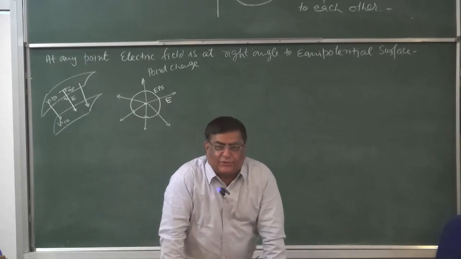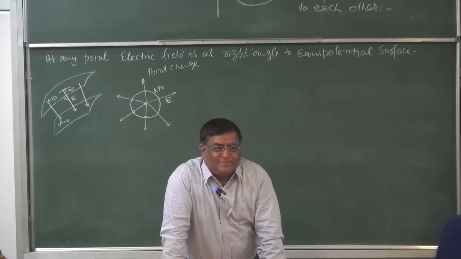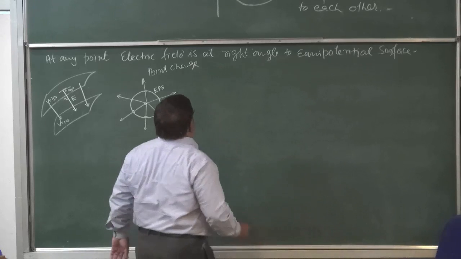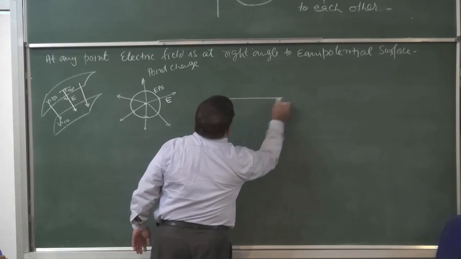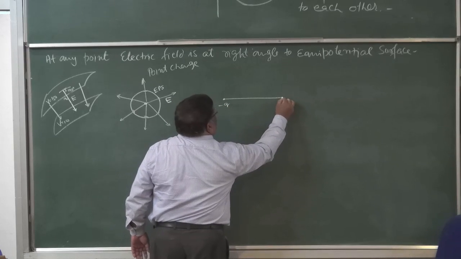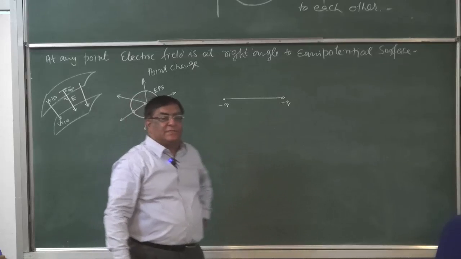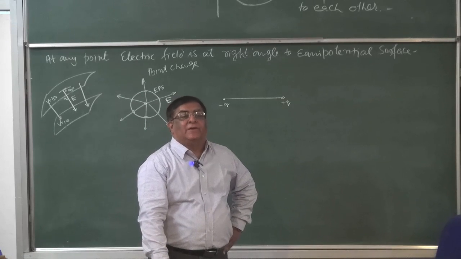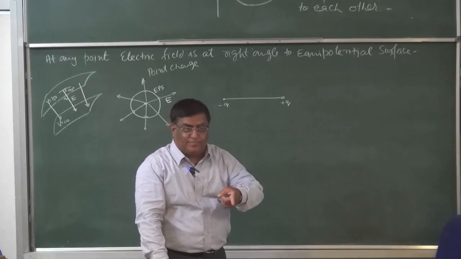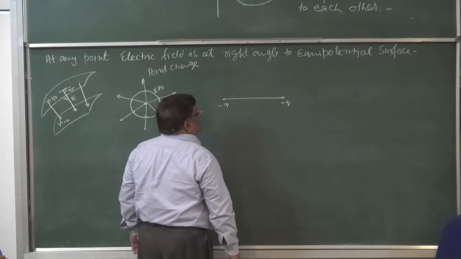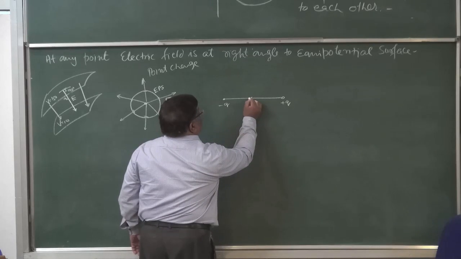Now we go for different shapes. Like if we ask you, there is a dipole and you find out equipotential surfaces in a dipole. How to draw equipotential surfaces in a dipole? Any shape which is given to you, first draw electric field lines. Electric field lines start from positive and end at negative.